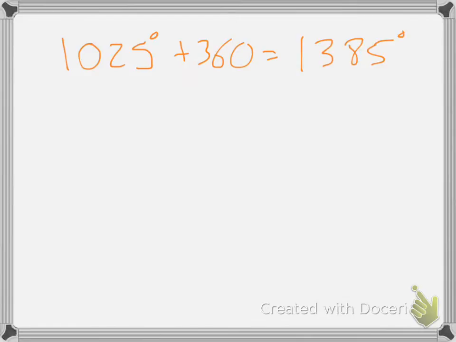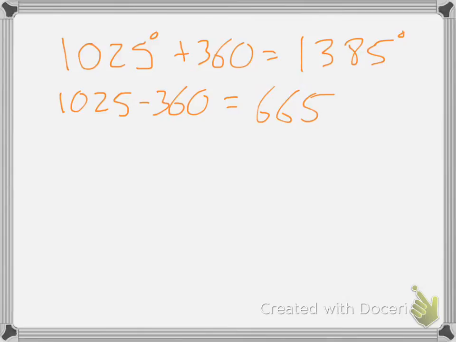That's positive. It's coterminal. I'm happy. What about a negative coterminal angle? Oh, so I got to probably subtract 360 from this instead, right? What happens when I subtract 360? What do I get? 665. Wait a minute. Is that negative? That's positive. So actually, in this particular problem, I just found another positive coterminal angle.